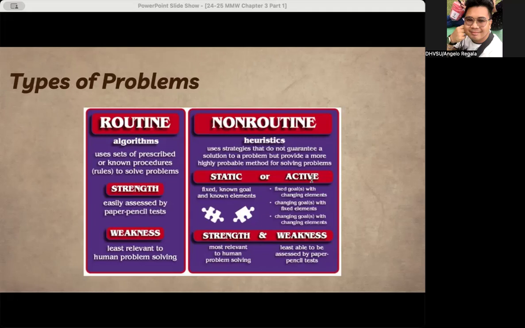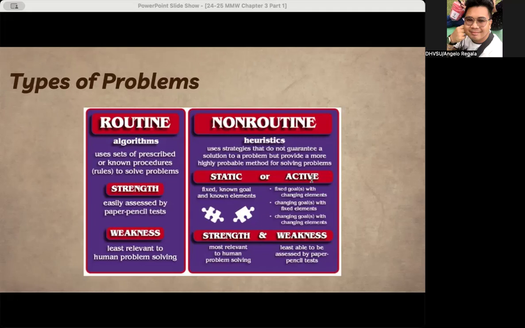Okay? Kapag active non-routine naman, okay, you may have a fixed goal. Okay? However, with changing elements, magbabago din yung goal mo. Kumbaga, nagiging nade-develop yung problem. Okay? Nade-develop na hindi lang ito yung magiging findings mo. Okay?